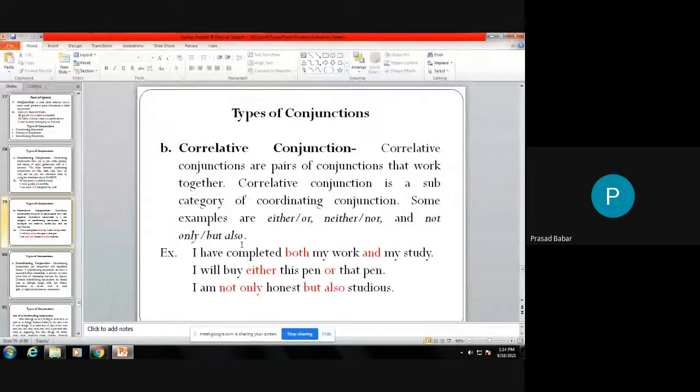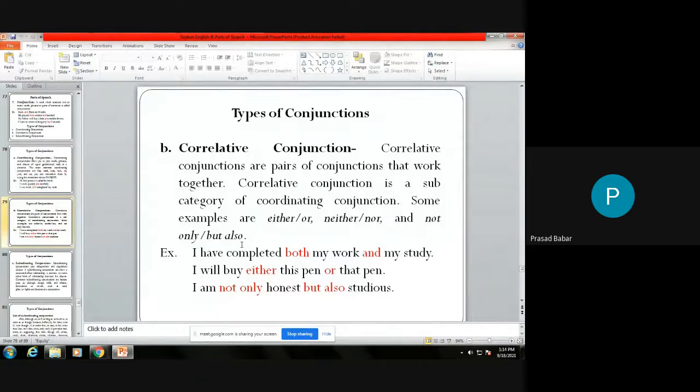Then the second type of conjunction is correlative conjunction. What is the correlative conjunction and what is its pattern?